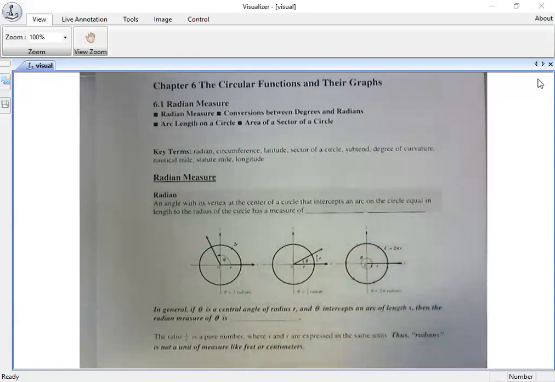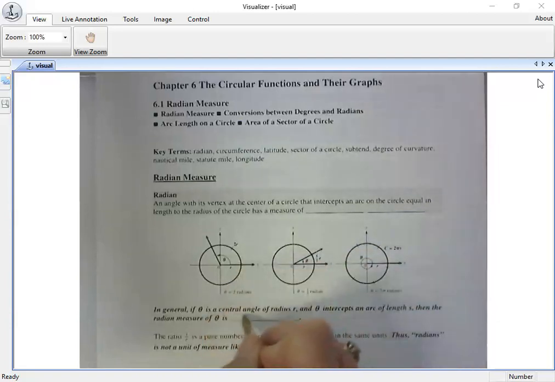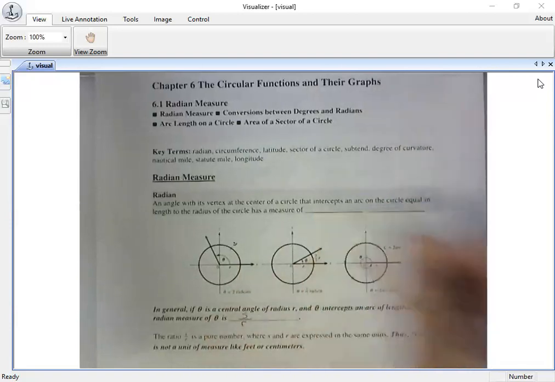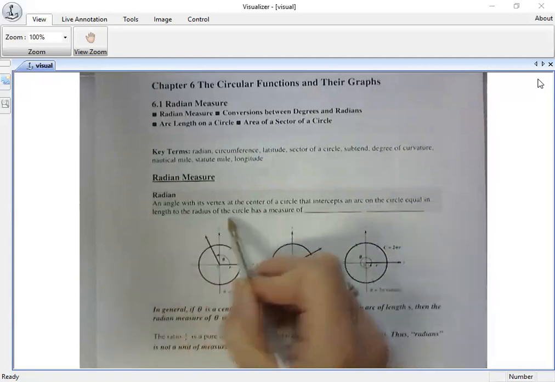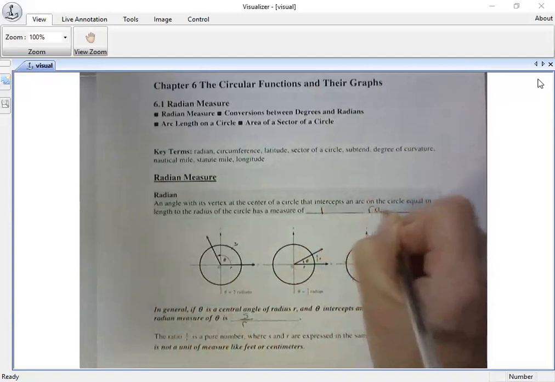Then we're going to say that this would end up being whatever our sector length is divided by that radius.